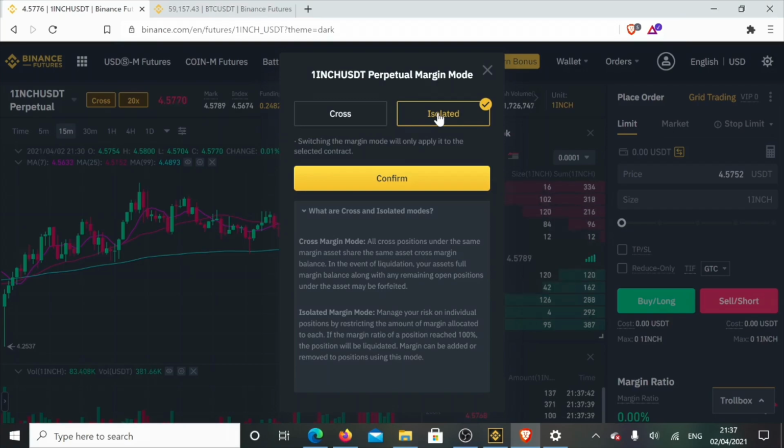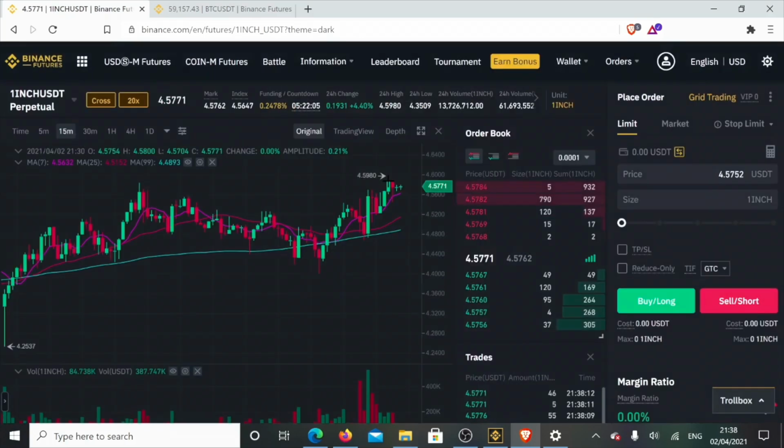Whatever happens to that 500 will not affect your main balance in your futures trading. So it's just that 500 that is at risk. The other 500 is just in your account. Whereas in the cross account, it's different. All your assets are exposed to the trades which you have right now. So you can actually read it here, so you can get more understanding. You can click on any one you want to use and click on confirm.